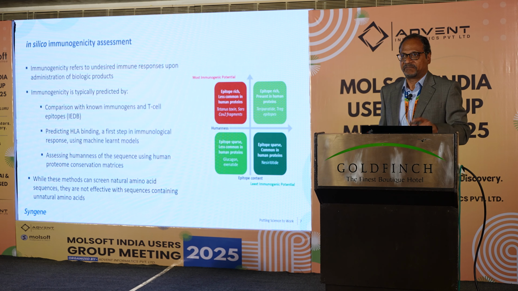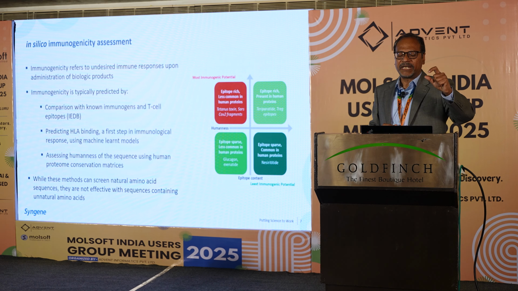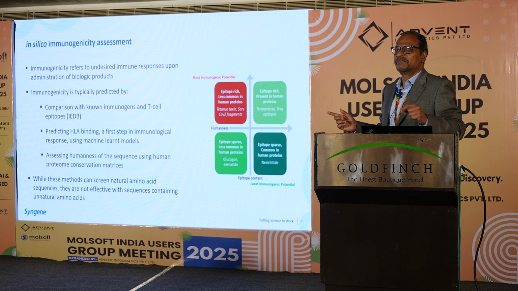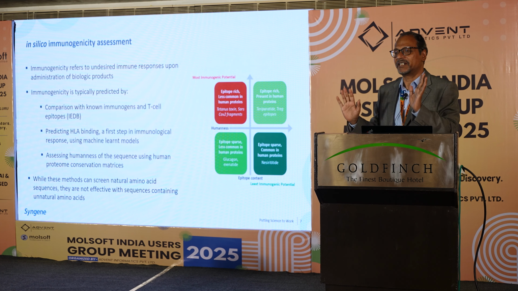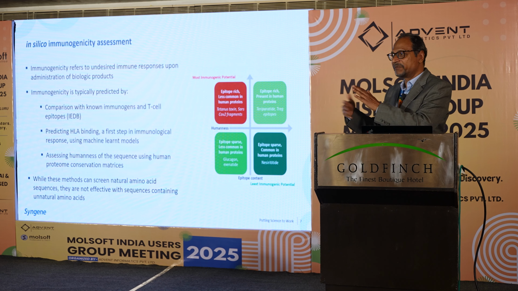Typically, you start comparing with known immunogens or MHC binders. There's a database called IEDB, the immune epitope database. A lot of people do comparison there, and there are some models there that predict MHC binding.